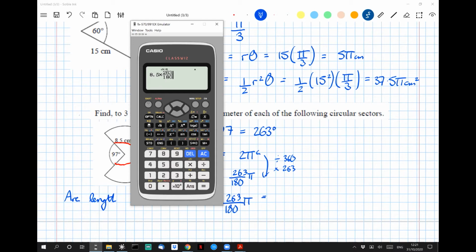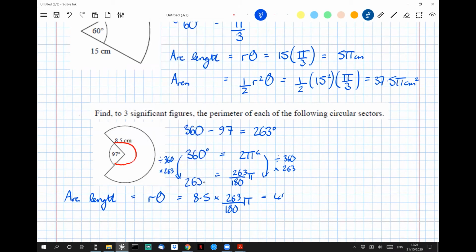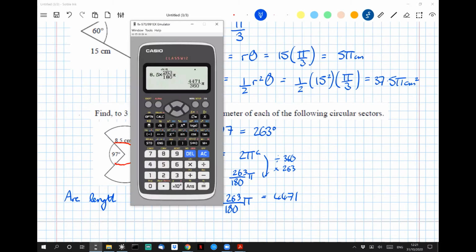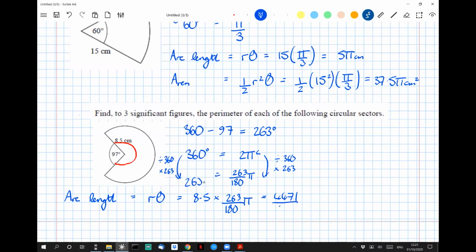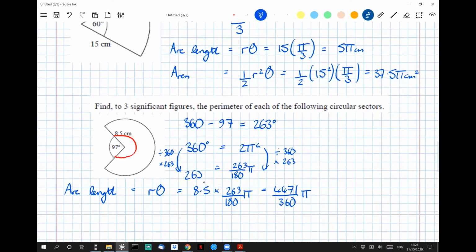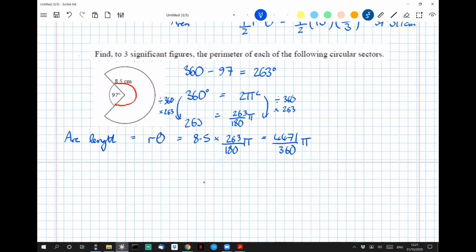I should have just used the answer button there in hindsight. Equals that there, 4471 over 360 pi. And this probably warrants doing an approximation now, because it's quite an awkward number to write exactly.